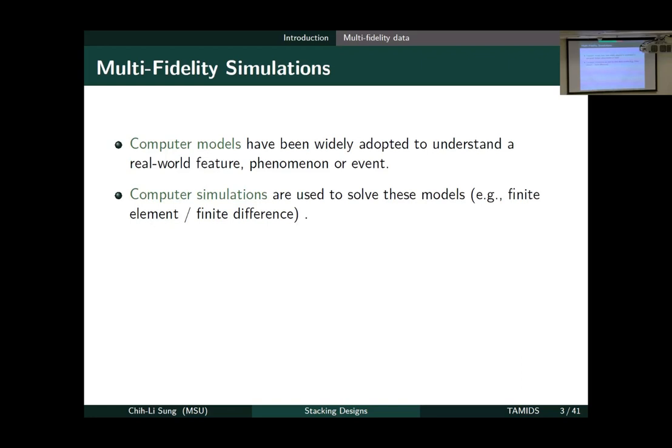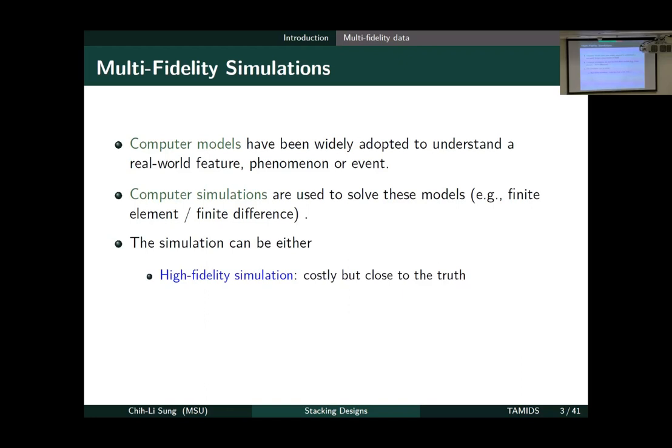Those computer models can be solved by computer simulations, by numerical methods such as the finite element method or finite difference methods. In those simulations, you could either have very high fidelity simulation, which is very costly but close to the truth. I'll talk about this truth later on. Or you could have low fidelity simulation, which is cheaper but less accurate, right? It's not as accurate as high fidelity simulation. Of course, you could have some intermediate fidelity simulations.